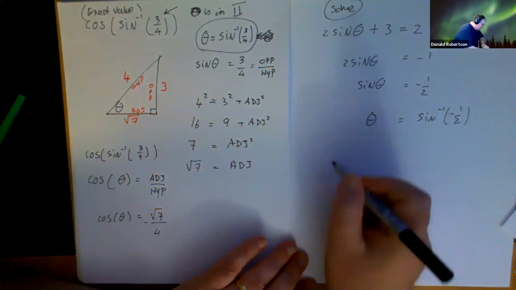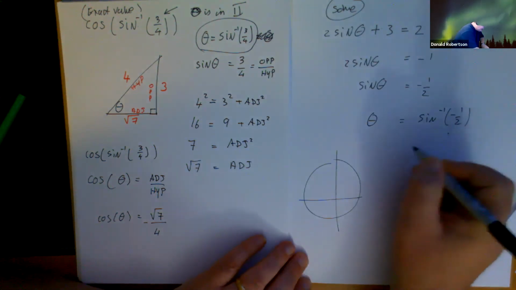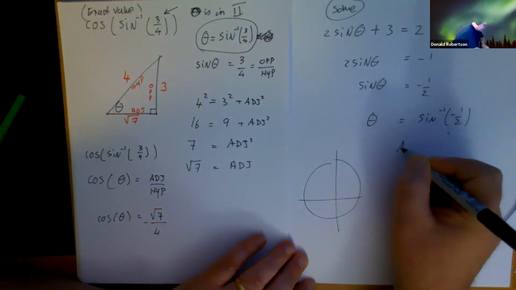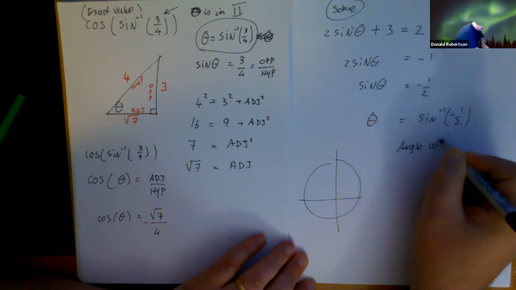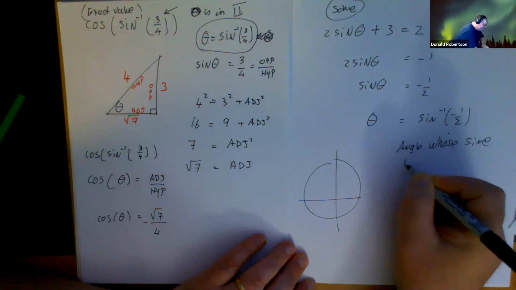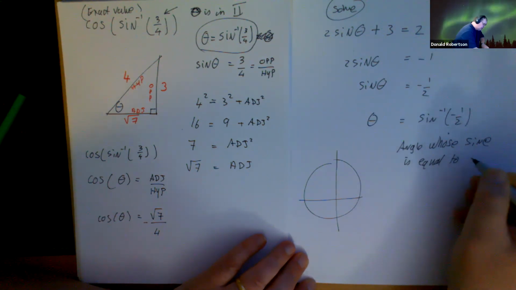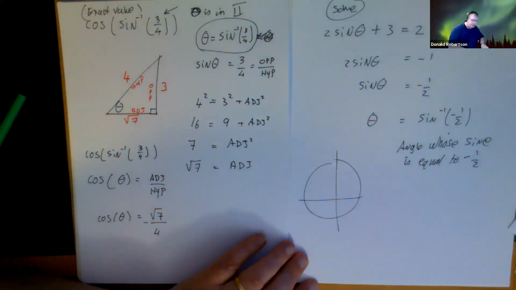So if you look at your unit circle, what you're basically looking for here is an angle whose sine is equal to -1/2. Agreed? That's what an inverse sine does.